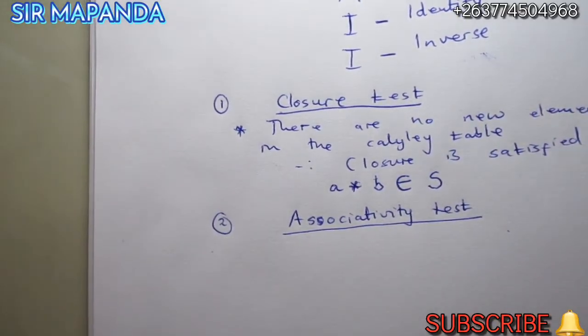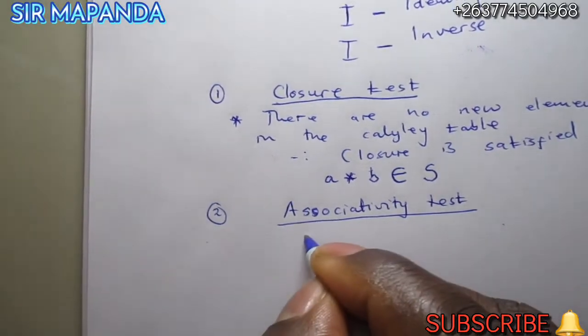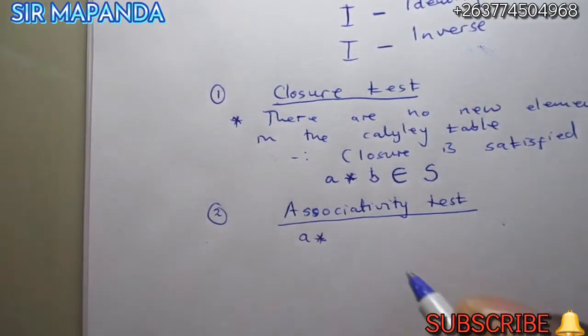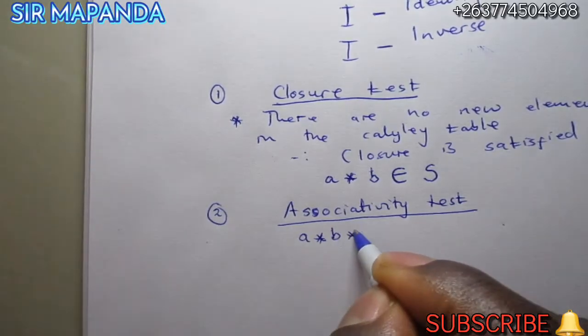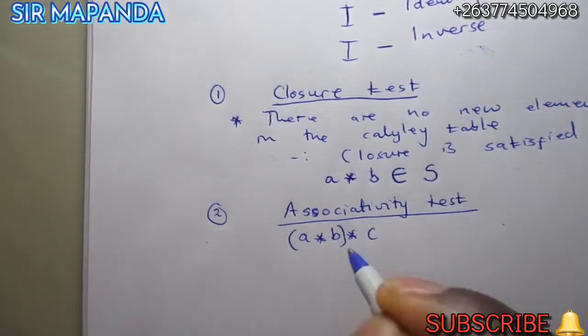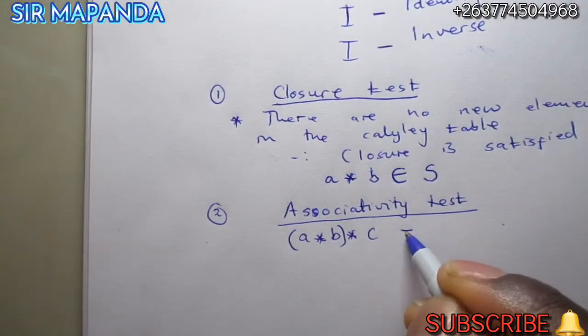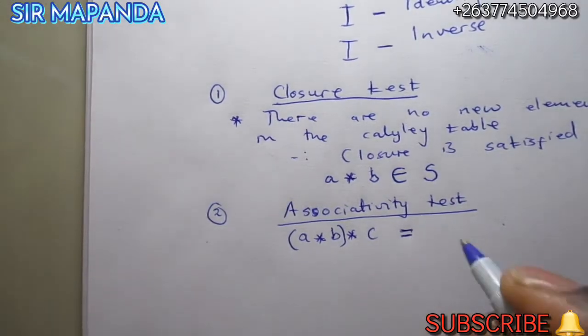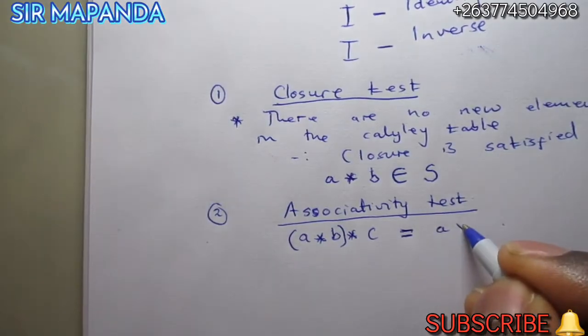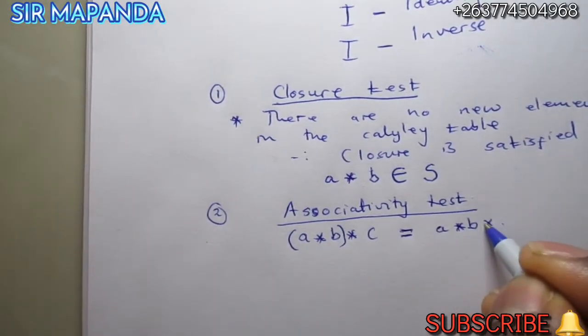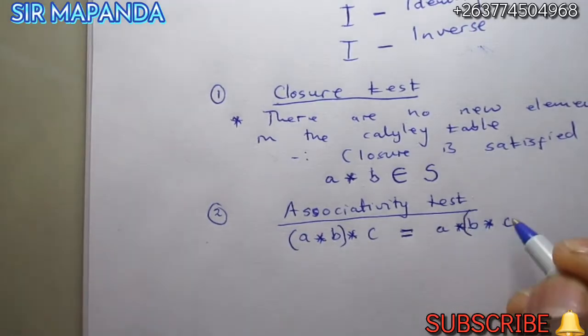So for associativity, we use this formula: A, binary operator B, binary operator C. So I'm going to put the first 2 elements inside the bracket. Right. For associativity to be satisfied, this must be equivalent to A, binary operator B, binary operator C, but this time the brackets are now on B and C. I hope you are following. Right. This is the associativity formula.